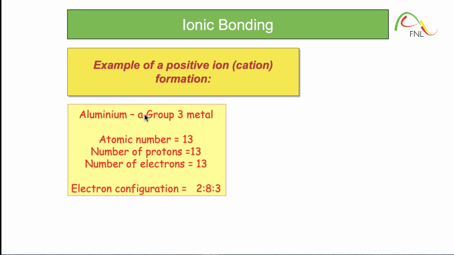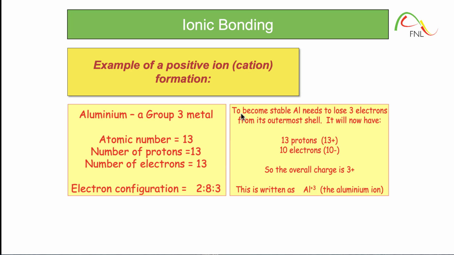Let's look at an example of a positive ion or cation formation. Now, aluminium is found in group 3. It's got atomic number 13, which means it has 13 protons, and we know it has 13 electrons. The configuration, you now know this arrangement: 2 in the innermost orbit, 8, 3. To become stable, aluminium needs to lose those 3 electrons from its outermost shell.